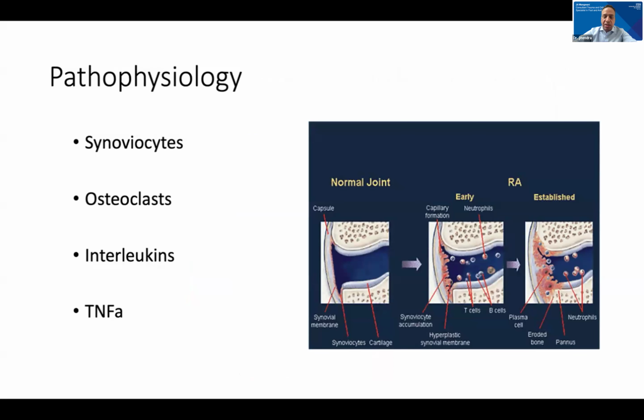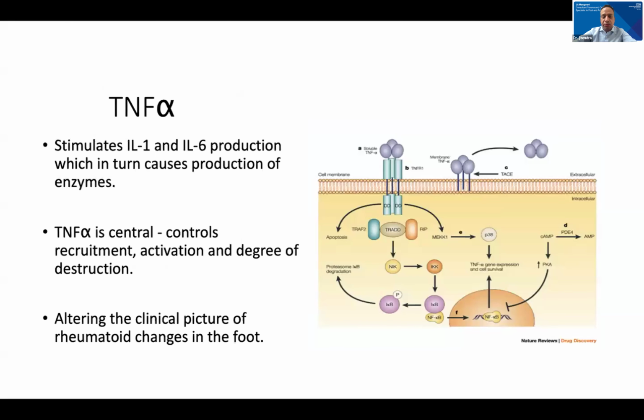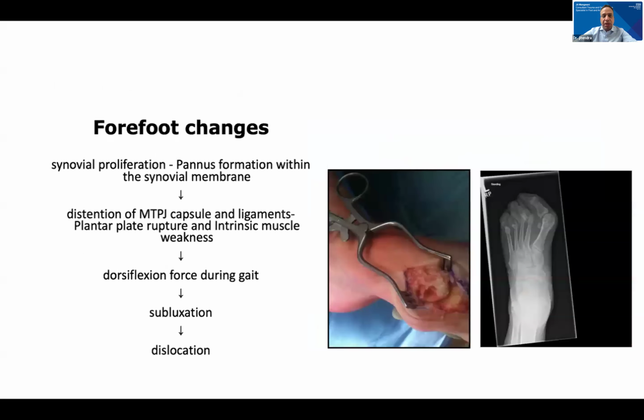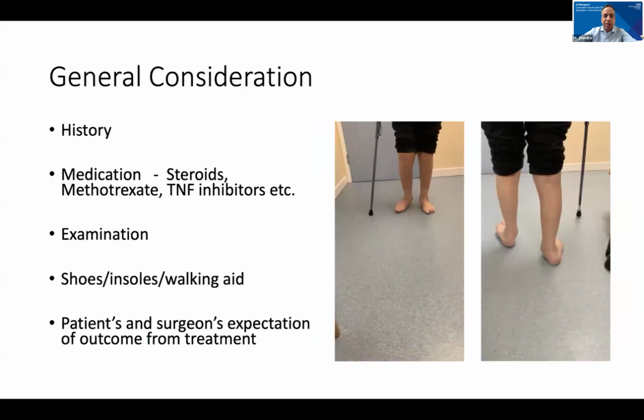I think the core message here is that tumor necrosis factor alpha is central, controlling recruitment, activation, and degree of destruction. Particularly in the forefoot, there is synovial proliferation, pannus formation, distension of the capsule, and then ligament and plantar plate rupture. With the dorsiflexion force during gait, it leads to subluxation and ultimately dislocation of the joints.